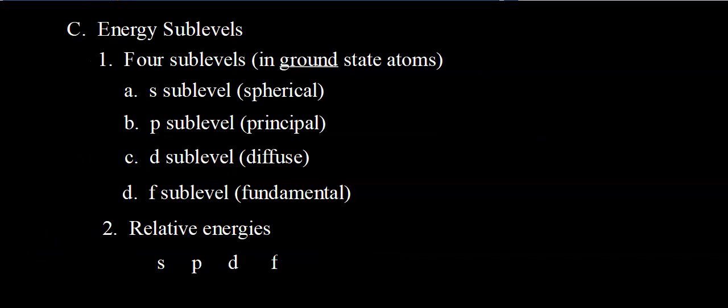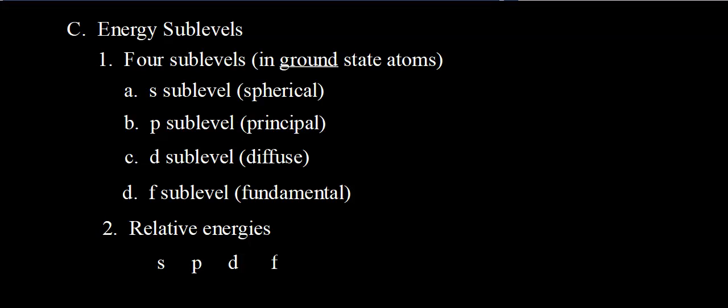All right, so speaking of these sublevels, there are 4 sublevels. This is for ground state atoms. It gets a lot more complicated when we talk about atoms that are not in the ground state. Their names are letters. So we have the S sublevel. The name that corresponds with the letter is not important.